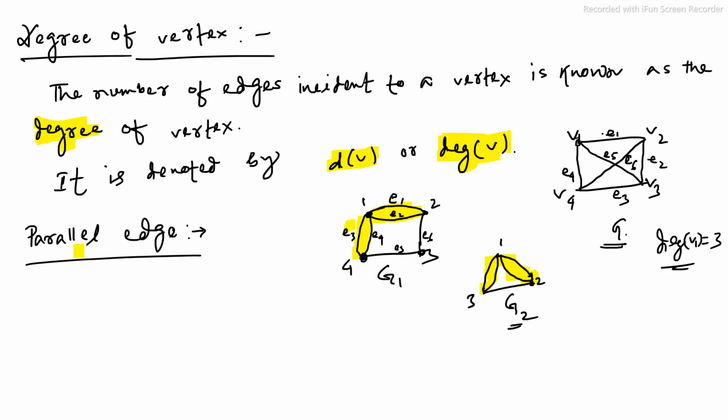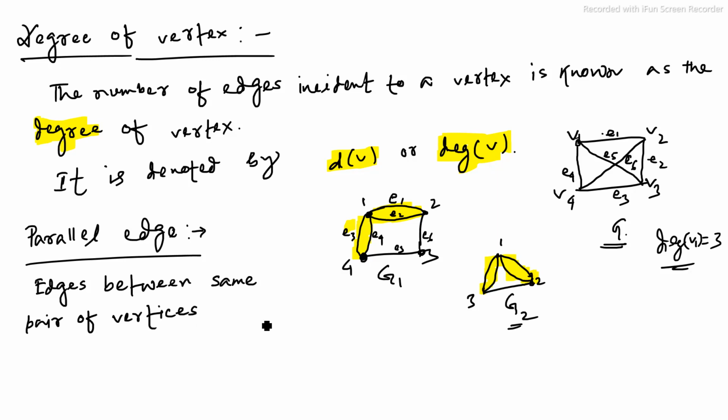So now we write the definition of parallel edges. Edges between the same pair of vertices are known as parallel edges.